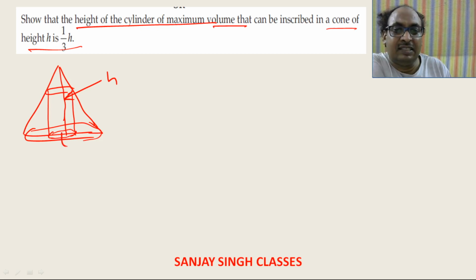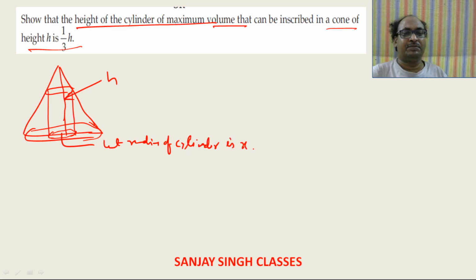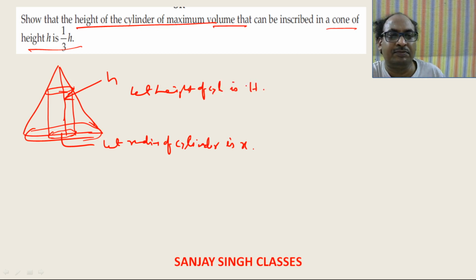Now let the radius of the cylinder be x, and suppose the height of the cylinder is H, and suppose this semi vertical angle is theta.